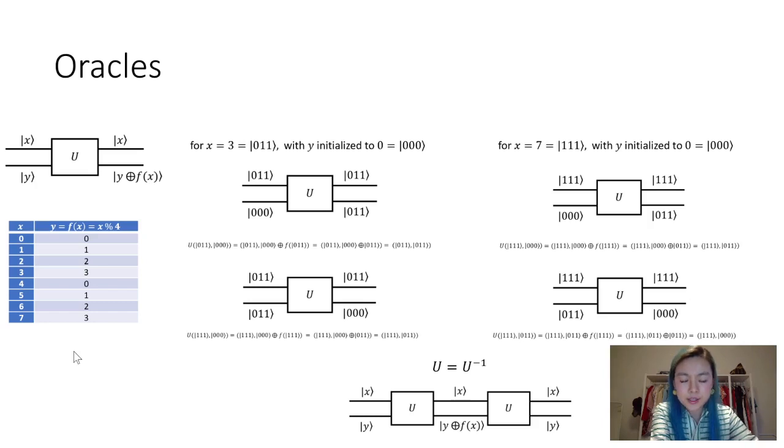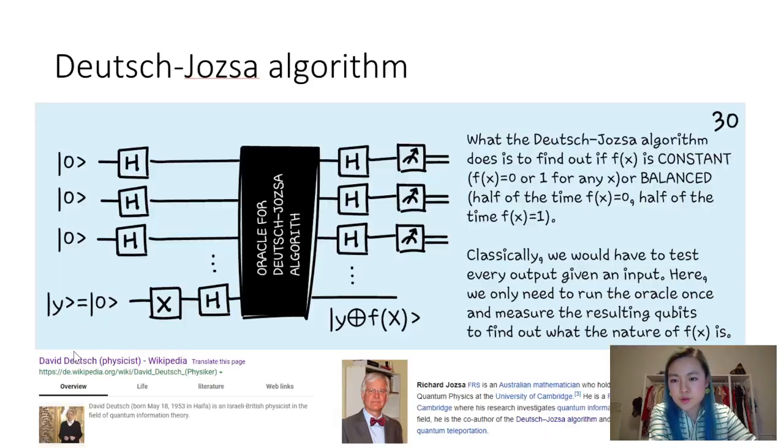So let's just look at an actual example, this Deutsch-Jozsa algorithm then. And that's constructed by physicist David Deutsch and mathematician Richard Jozsa.